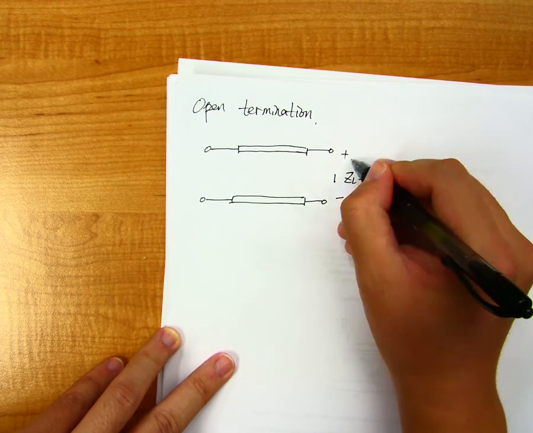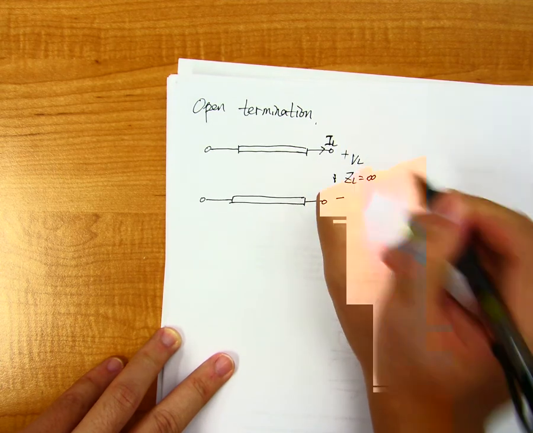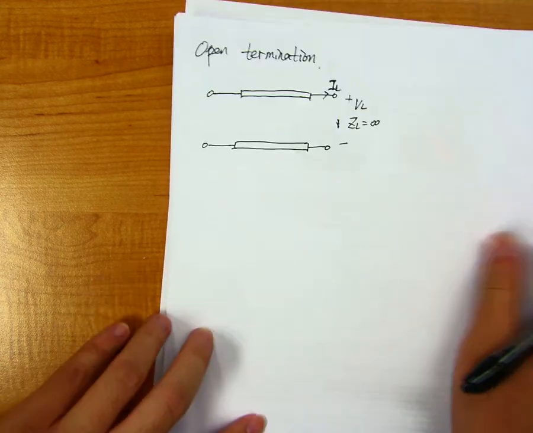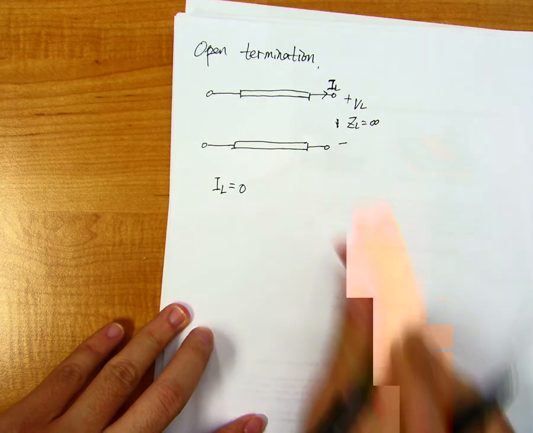And this is VL, this is IL, and the extra condition we have here on the boundary is that IL is equal to 0, right?